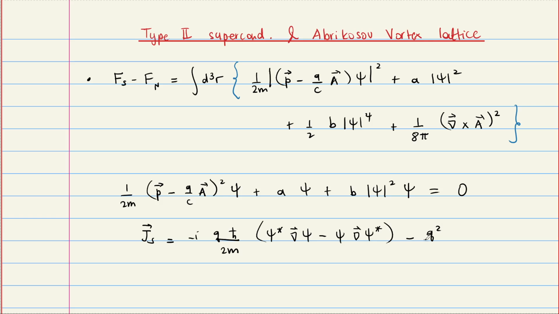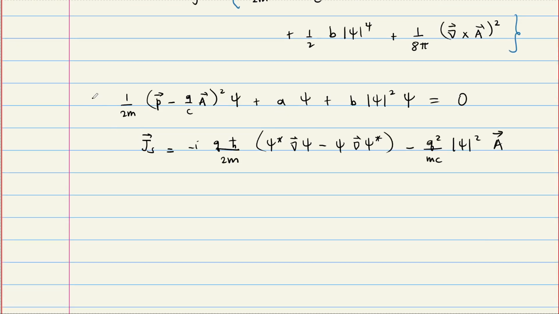So this is Q squared over MC psi squared A. And lastly, so this is 1, this is 2, and the last one was this Maxwell equation. Good. And pretty much everything about superconductors we try to explain using this set of equations.